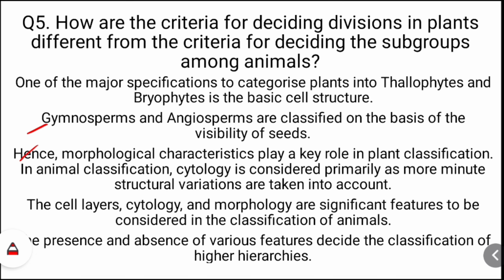In animal classification, cytology is considered primarily as more minute structural variations are taken into account. The cell layer, cytology and morphology are significant features considered in the classification of animals. The presence and absence of various organs decide the classification of higher hierarchies.